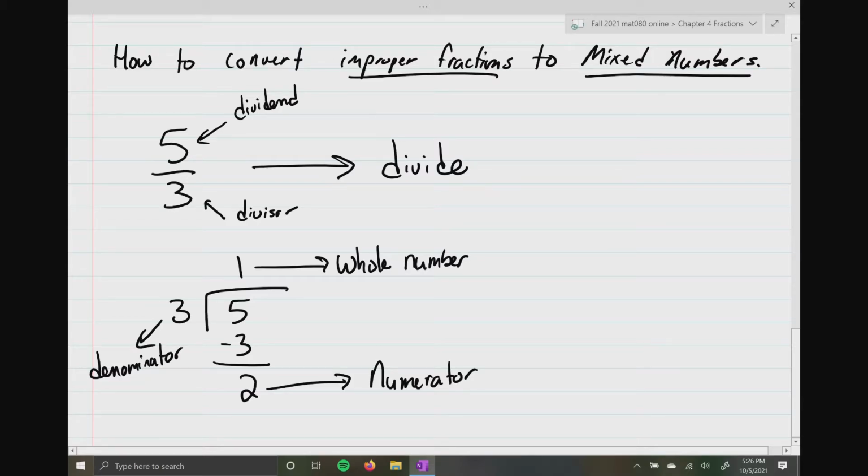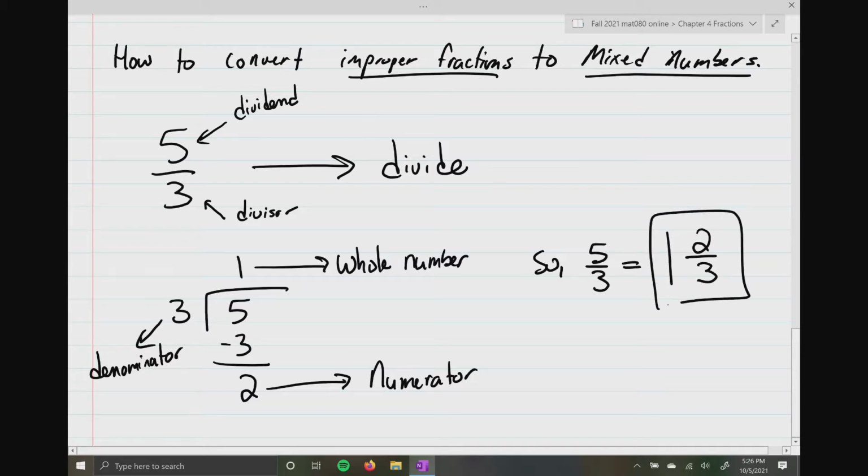So 5/3, the improper fraction, is equal to 1 2/3 as a mixed number. So the key to converting from improper to a mixed number is division. That's it. All you got to do is divide.